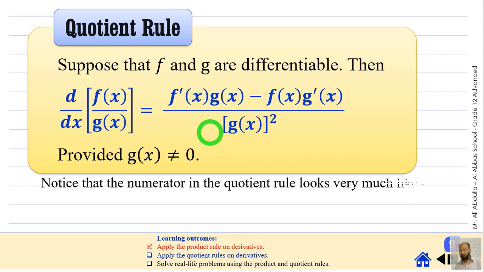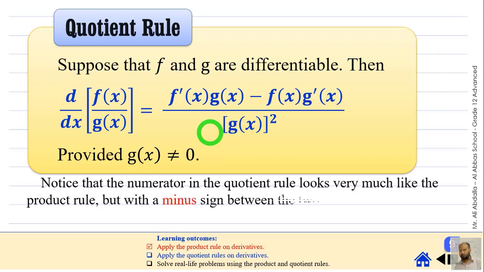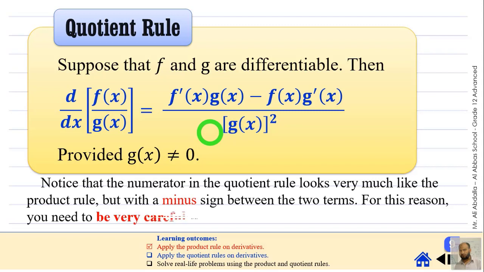Notice that the numerator in the quotient rule looks very much like the product rule, but with a minus sign between the two terms. For this reason, you need to be very careful with the order.